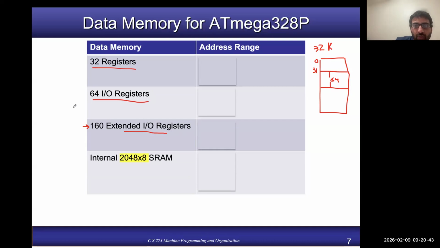There are some special instructions which can be used only with those registers which are in this address range, from 32 to 63. You can add 32 plus 64, whatever number it is. So there are some instructions which can be used only with the registers pointed to by these addresses.